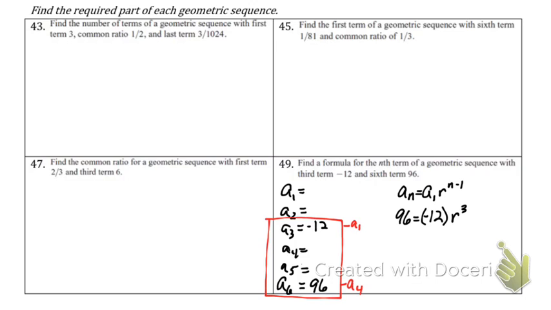All right, so we divide both sides by negative 12, which you'd come up with as a negative 8, equals r cubed. You take the cube root of both sides, and you'd see that r, in fact, equals negative 2. And now we have r. We can use that to get our first term, right? And we can go from there.